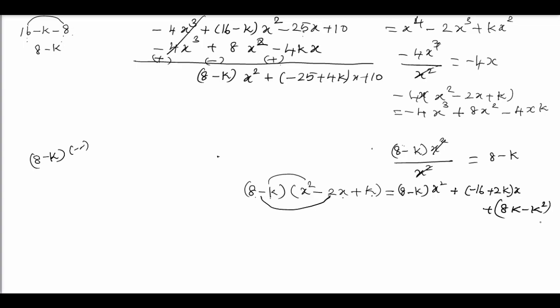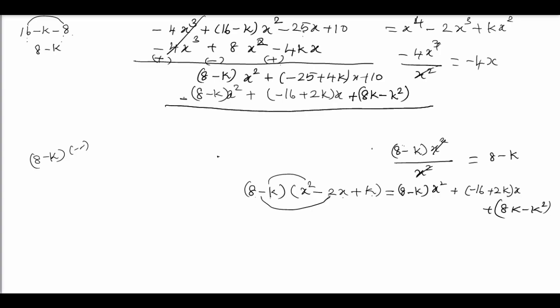Okay. Now we'll substitute it here. So it is 8 minus k into x square plus minus 16 plus 2k into x plus 8k minus k square. Okay, now when I subtract, the first term gets cancelled, and here you be careful that it is minus 25 minus minus 16, that is minus 25 plus 16, that is 9.